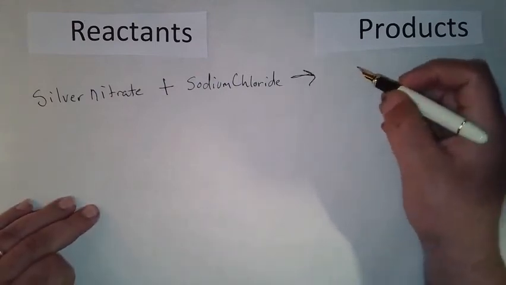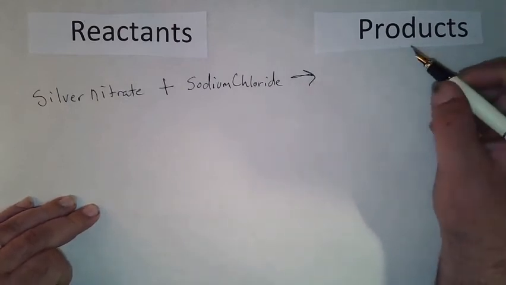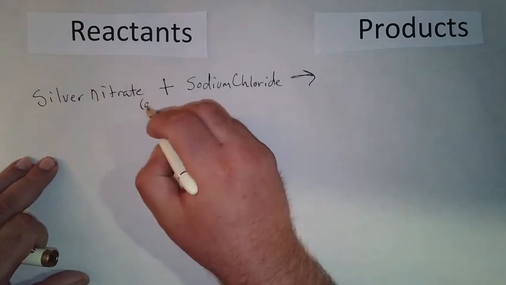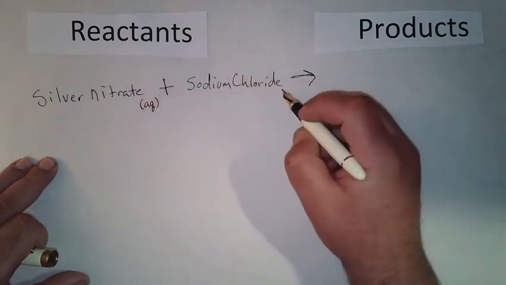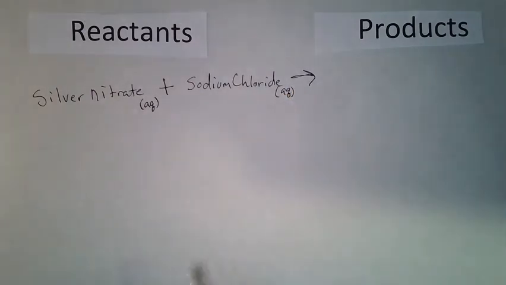What we will make then are two new products. I have two solutions. You're usually going to see these as aqueous solutions, meaning that each of these compounds have been dissolved in water.